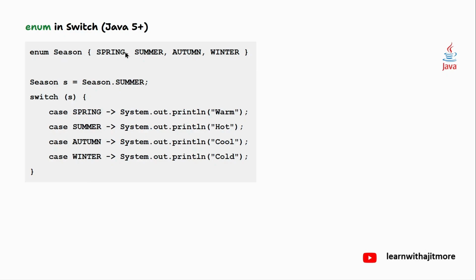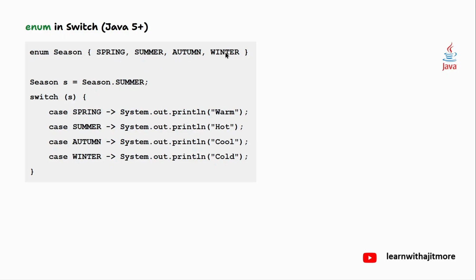So you created an enumerated type, then you're creating a variable of that type, Season s equal to any value you can pick, because they are internally static. So you can directly access it by Season.summer. Actually, this spring, summer, they are automatically objects of that Season only.